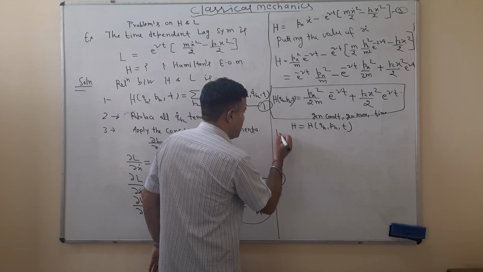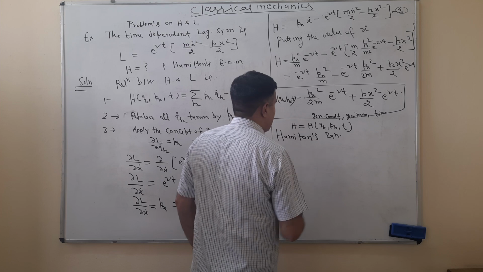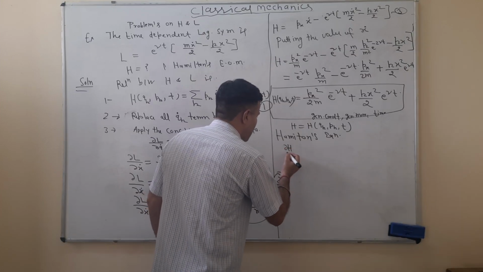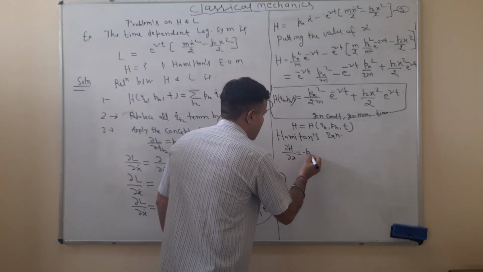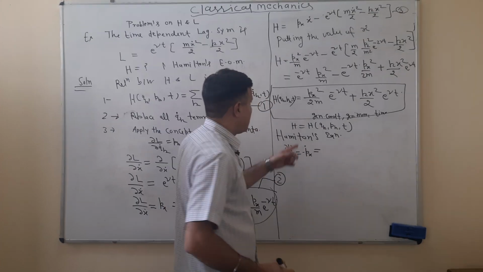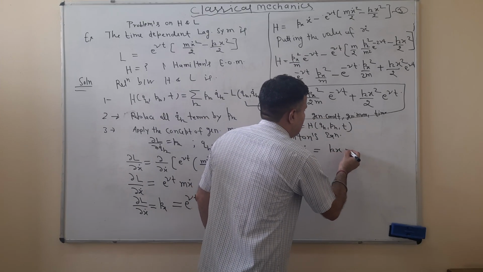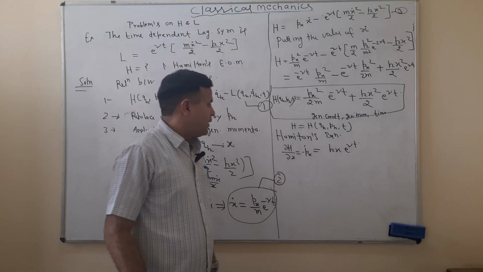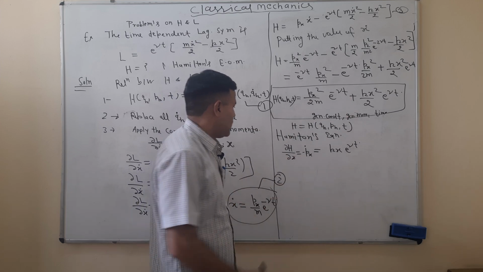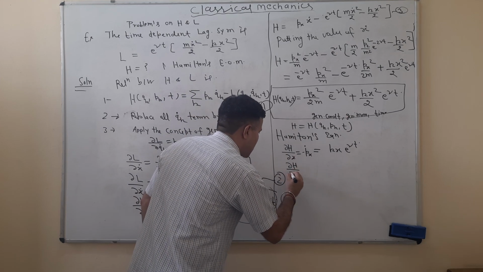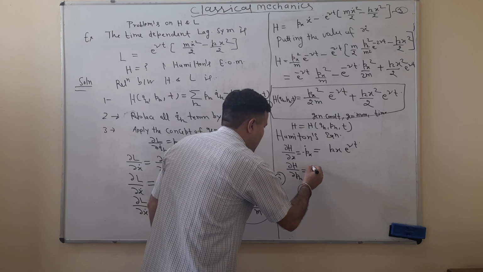Now what is Hamilton's equation? Del H upon del qk, which is del H upon del x, is minus pk dot, which is minus px dot. So del H upon del x is simply kx e to the power nu t. What is del H upon del pk, which is qk dot, which is x dot?